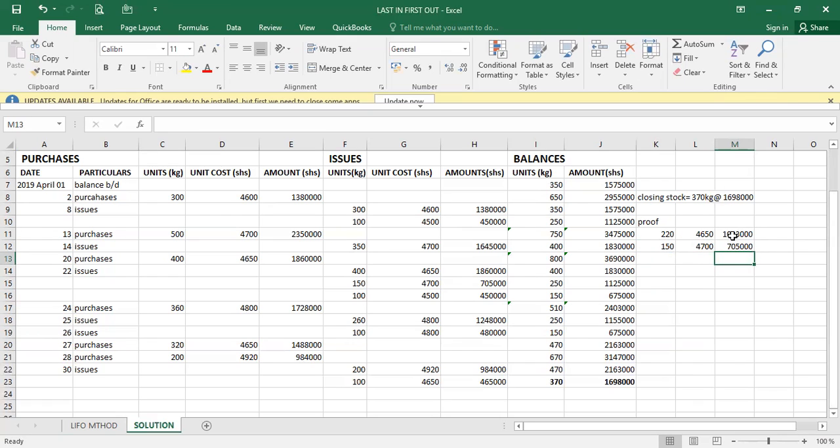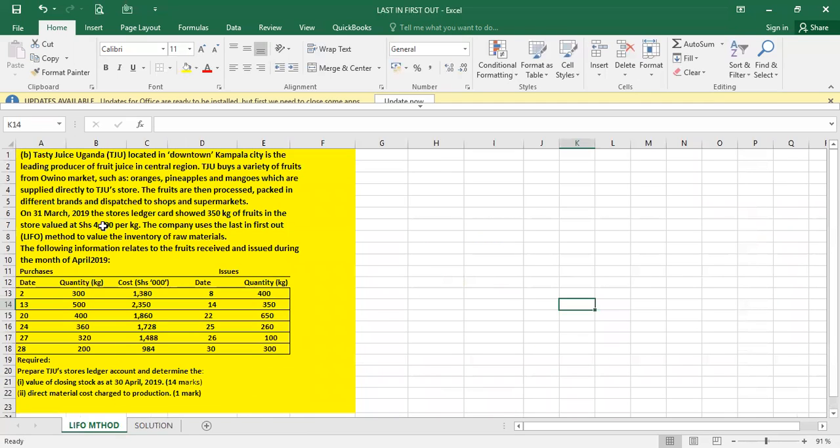If you want to confirm, we add these two to get the total, because that one is supposed to equal this one. Sorry, I've made a mistake here. These units were issued at 45, not 47.